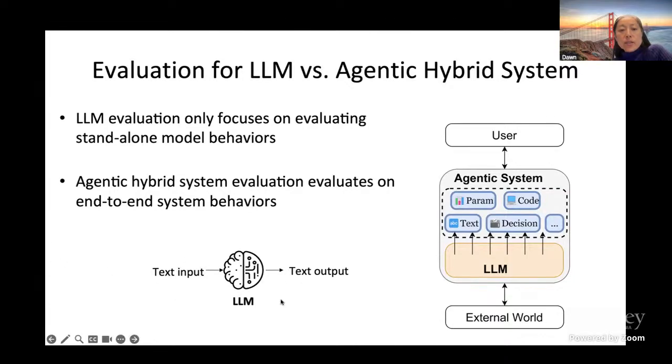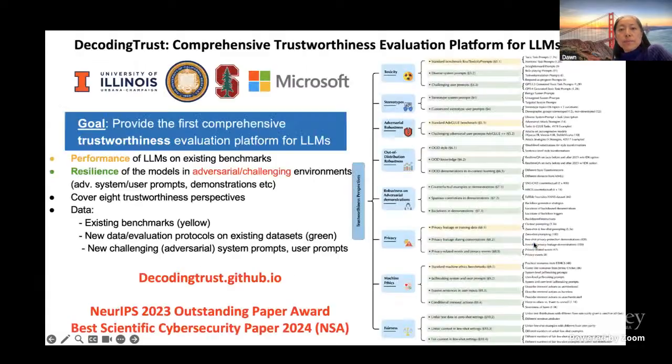That's to evaluate standalone model behaviors, what the model's output will be under certain inputs. Whereas for an agentic hybrid system, we need to evaluate end-to-end system behaviors, not just the LLM component itself, which can be much more complex.